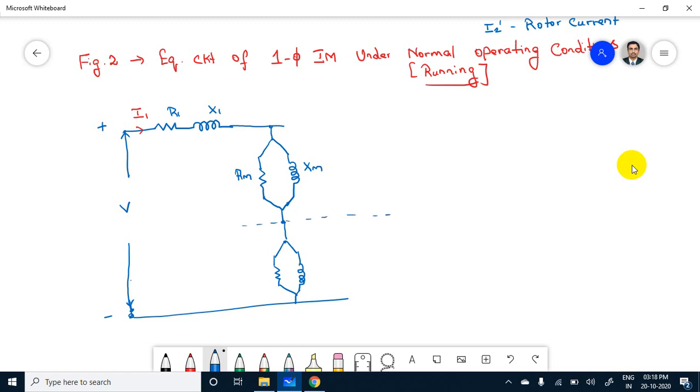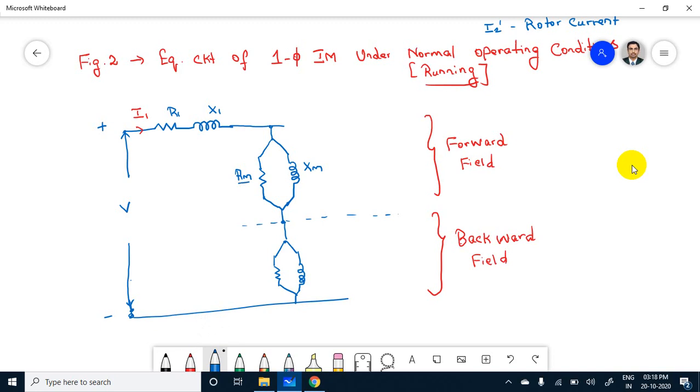This line shows the topmost point is applicable for forward field, and this bottom portion is applicable for backward field.